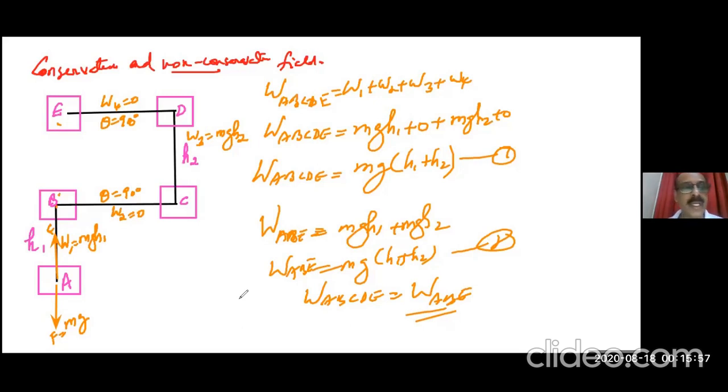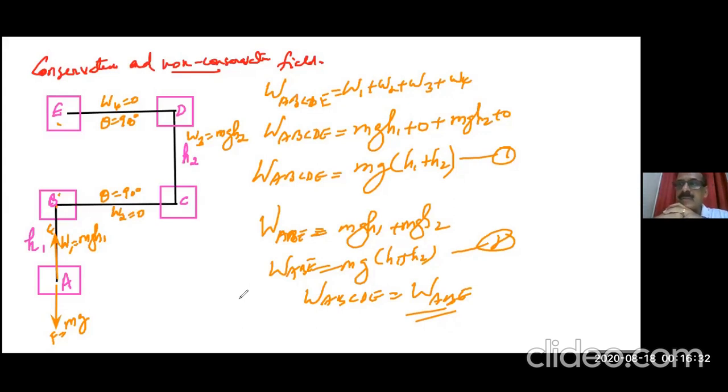Next para. Conservative force is a force by which work done is independent of the path. Example of field: gravitational field, electrostatic field, magnetic field, etc. Sir, by which the work done is independent or dependent?